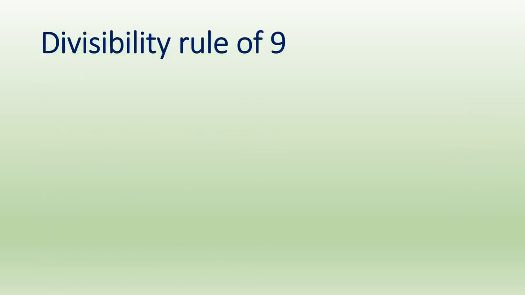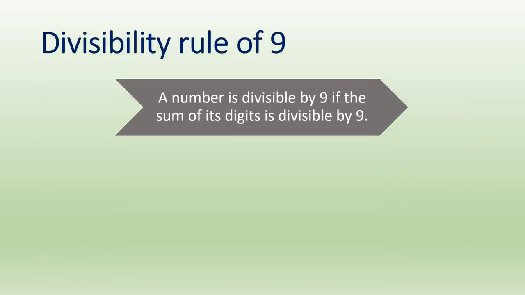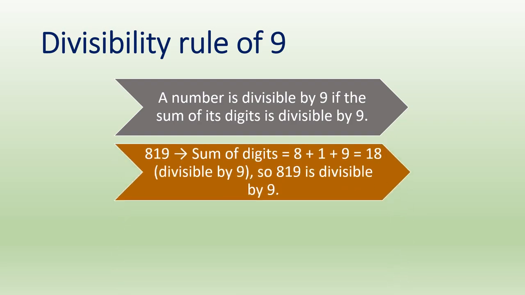Next, divisibility rule of 9. A number is divisible by 9 if the sum of its digits is divisible by 9. It is almost similar to the divisibility rule of 3. Here we have an example, 819.